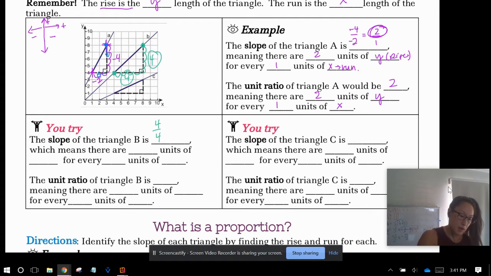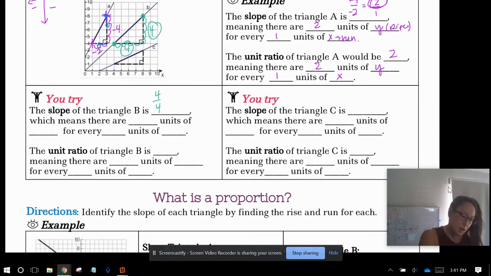This time I won't simplify, meaning that there are 4 units of y for every 4 units of x. So every time I move 4 units of x, I'm going to move 4 units of y. My unit ratio, I'm going to divide this in my calculator. 4 over 4, you could do this in your calculator, or you can know that anything divided by itself is equal to 1. So for every 1 unit of y, I move 1 unit of x.